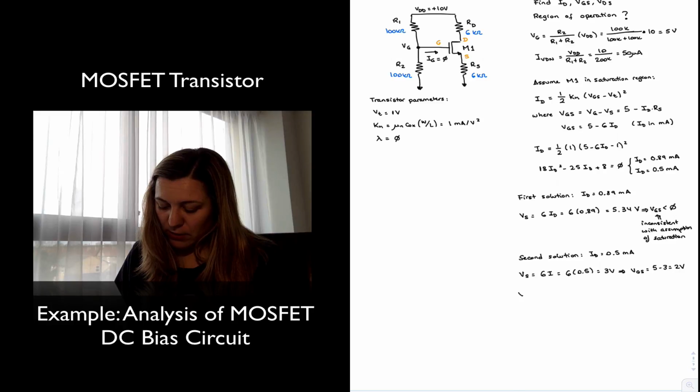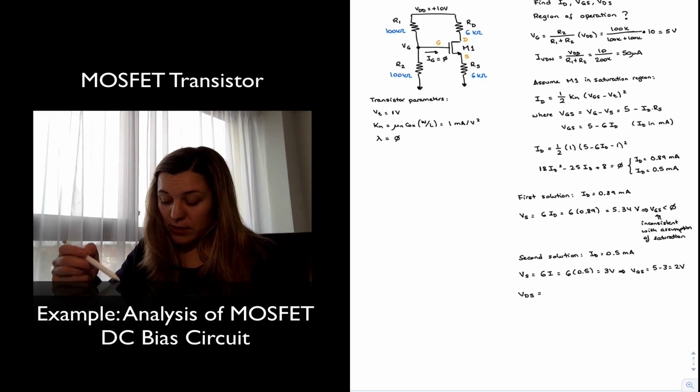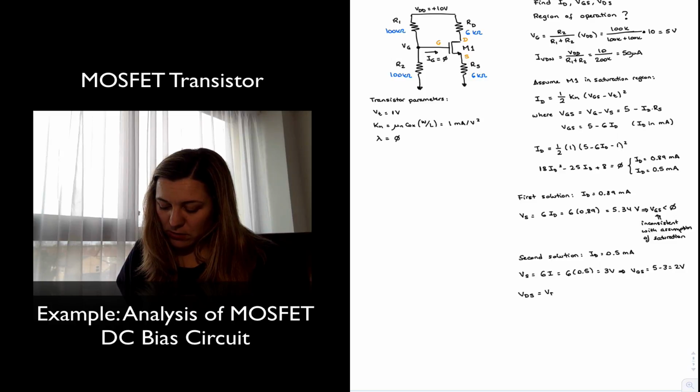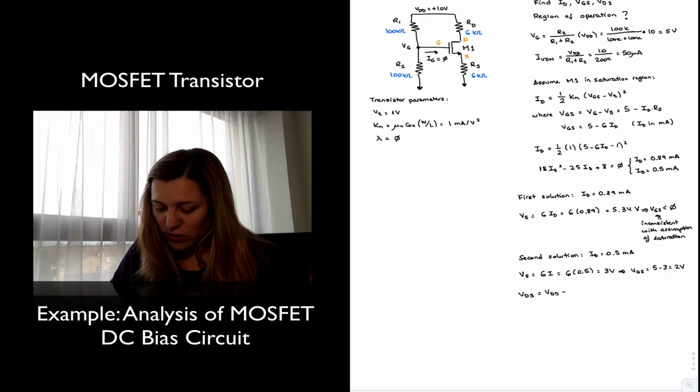Now I'll have to calculate my VDS, which is going to be equal to VDD minus the voltage drop across resistor RD minus the voltage drop across resistor RS. That will be the voltage drop across the drain and source of my transistor. So VDD minus voltage across resistor RD minus voltage across resistor RS.